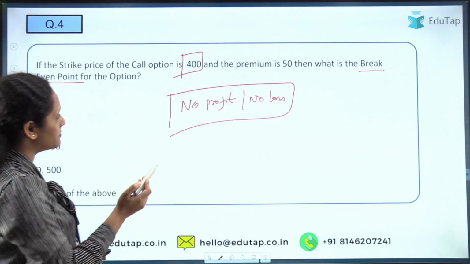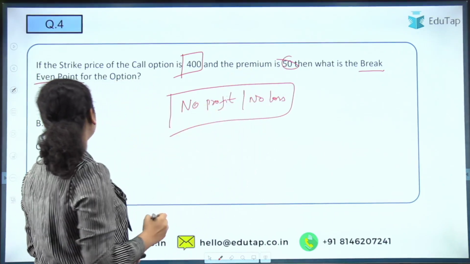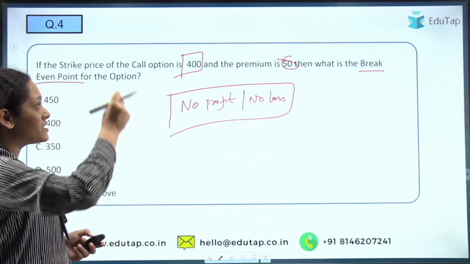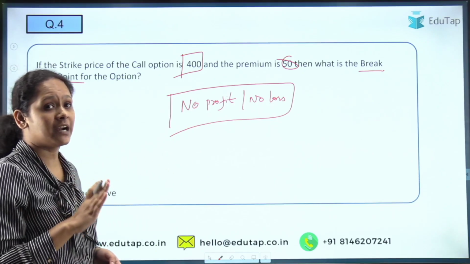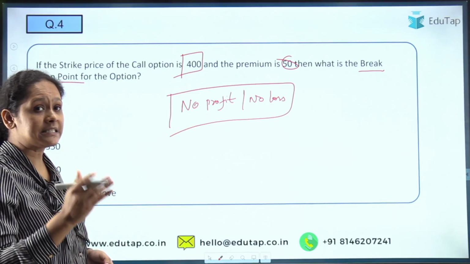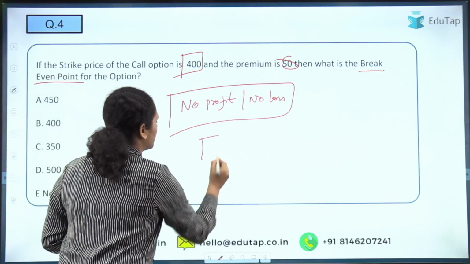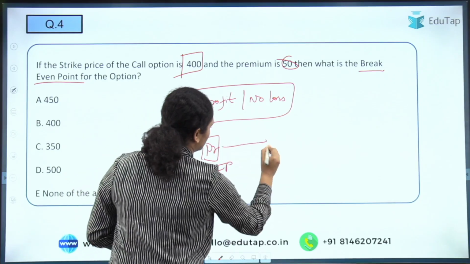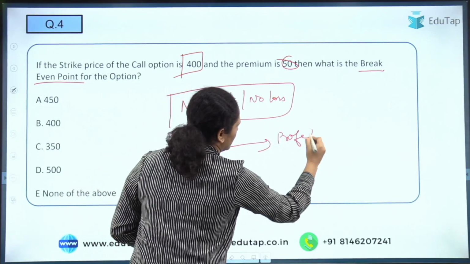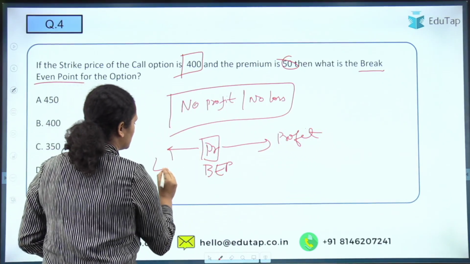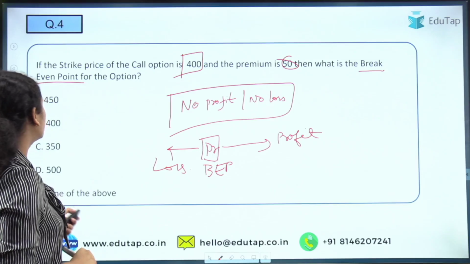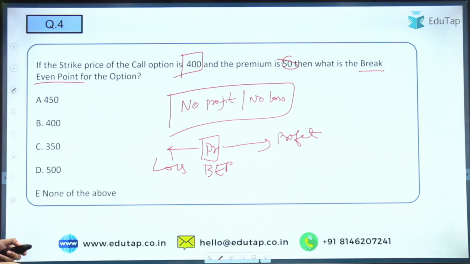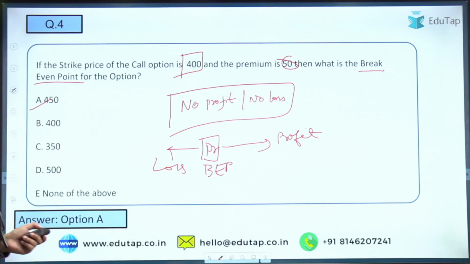It says that the premium is 50 and asks what the break even point of the option is. It is simply asking above what price the buyer would start making profit. Above this break even point the person makes profit and below this point the person incurs losses. So the question asks after what price. Let us see how we solve the question, but the correct answer is 450. Let us see how we will solve this.